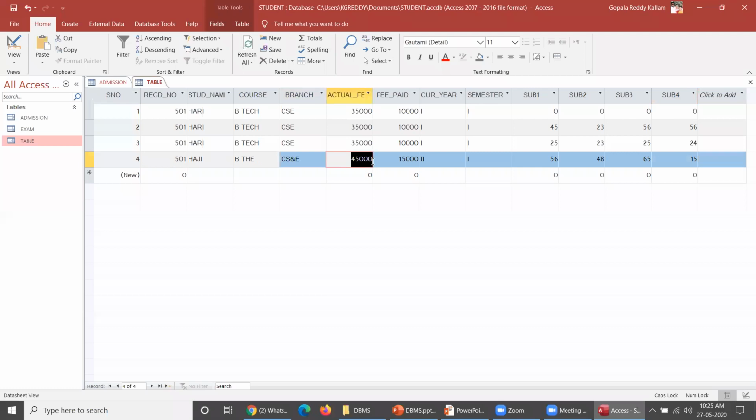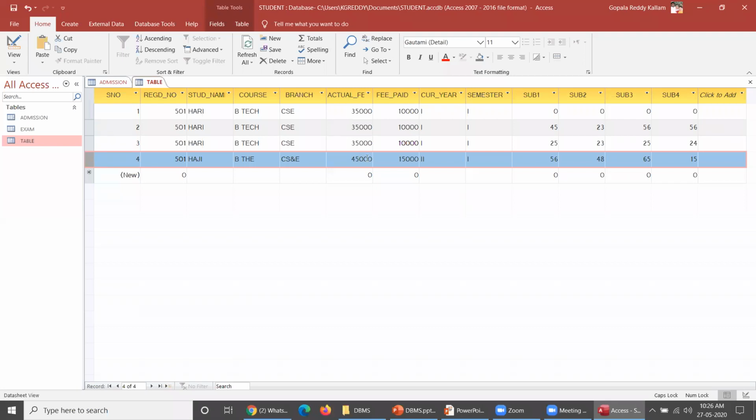So the data pertaining to the same person has been entered in different ways for one particular row. Then we may have some confusion. Whether Hari is correct or Hazi is correct, whether CSE is correct or CS and E is correct, whether he is supposed to pay 35,000 or 45,000.